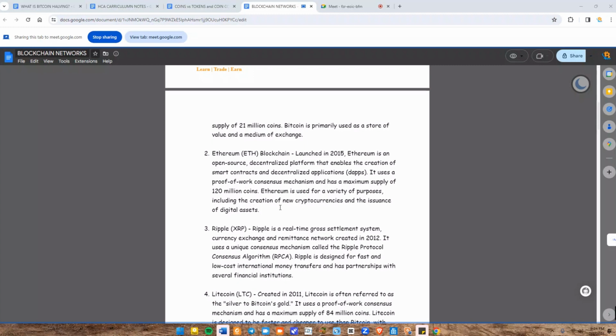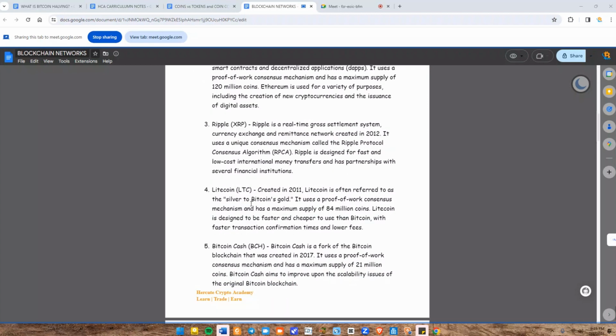For example, you have some millions in your bank account and you want to send them overseas, instead of just going to the bank and doing the normal money transfers that we know, you could convert your funds into Ripple and send immediately. So that is why we're saying it's designed for fast and low cost international money transfers and has partnerships with several financial institutions. Remember, these are several traditional financial institutions.